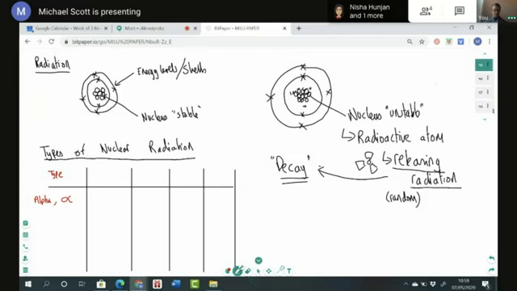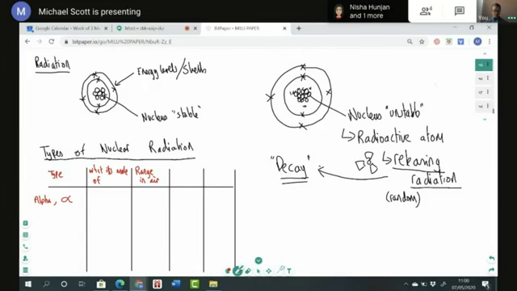Now, what you typically need to know is what the radiation is made of. So you should know what alpha radiation is made of. You should know the range in air, in other words, how far this radiation can travel.